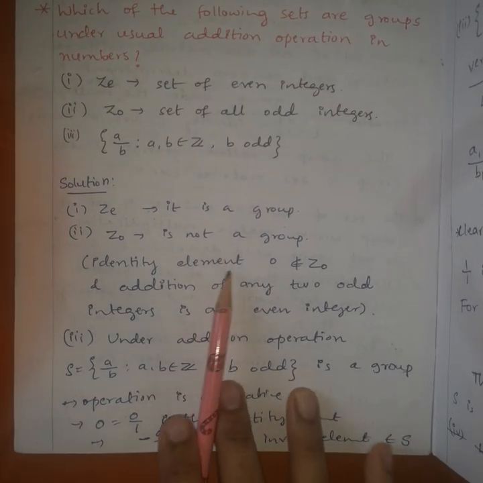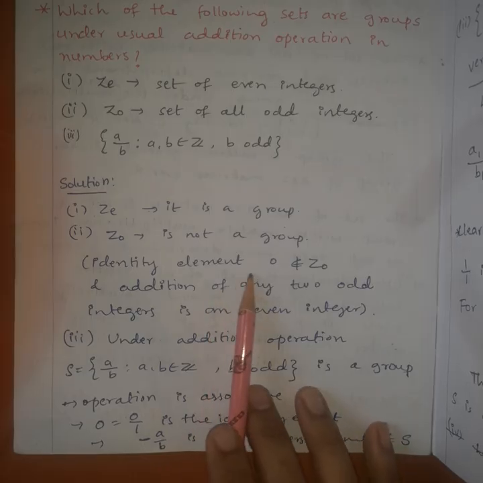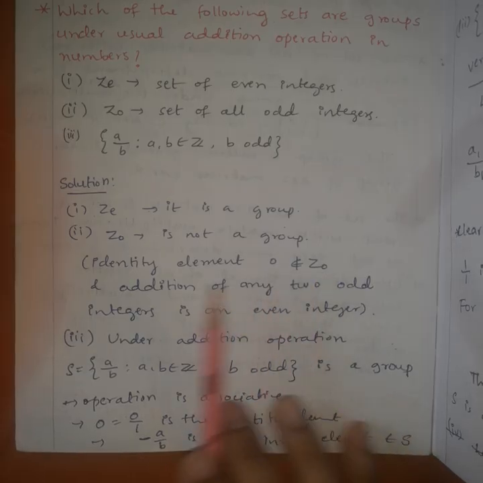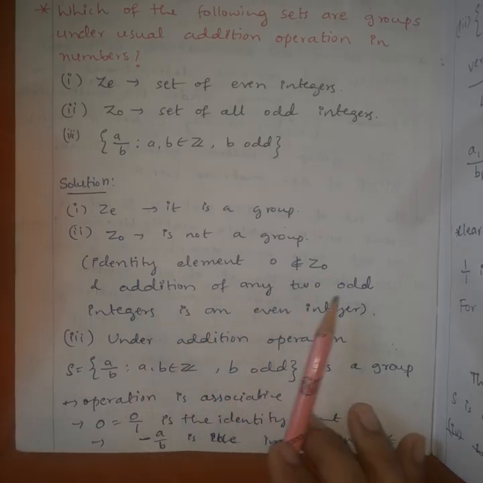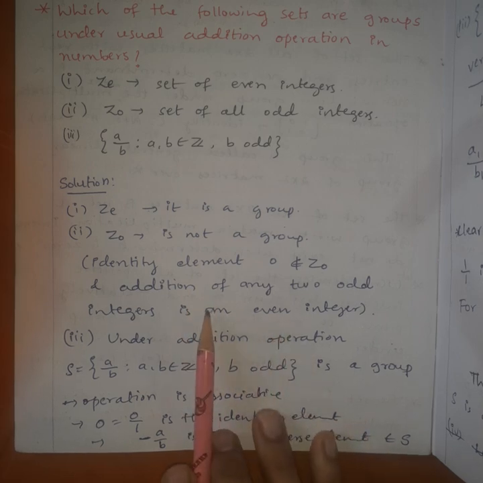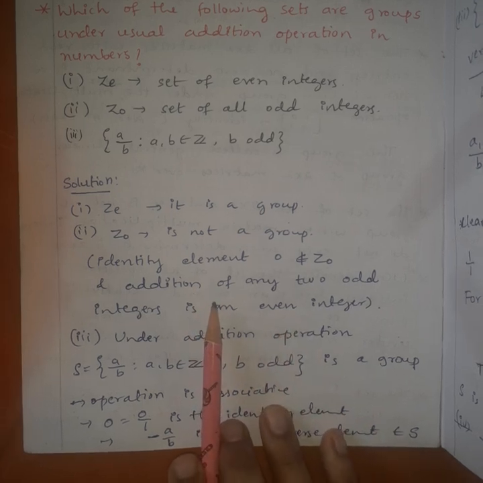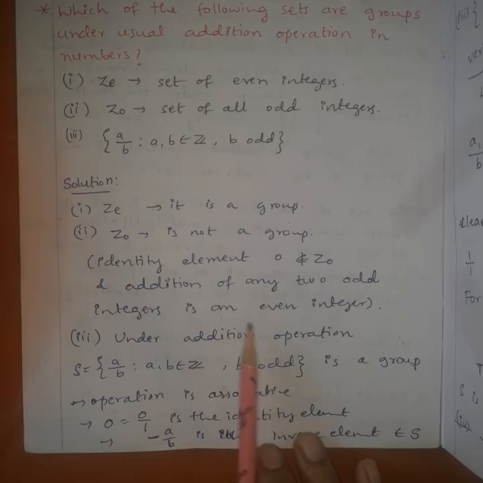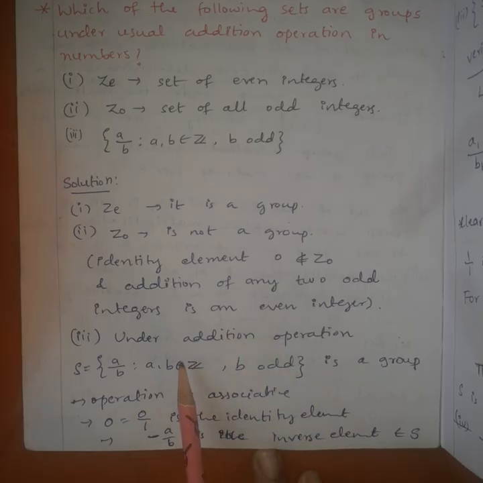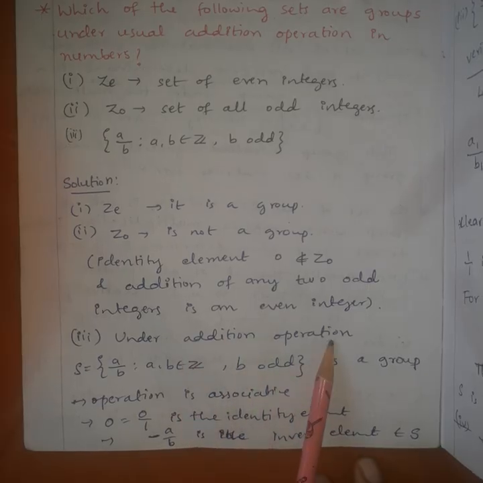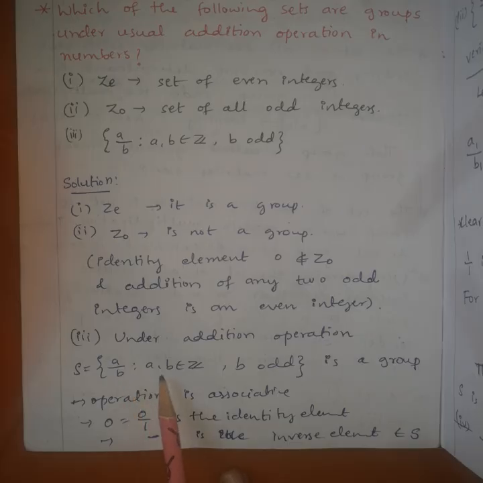Next, set of all odd integers. The set of all odd integers is not a group because the identity element 0 does not belong to the set, and the addition of any two odd integers is an even integer, so it is not closed under addition. Further, under addition, the set a by b, where a, b belong to Z and b is odd, is a group.